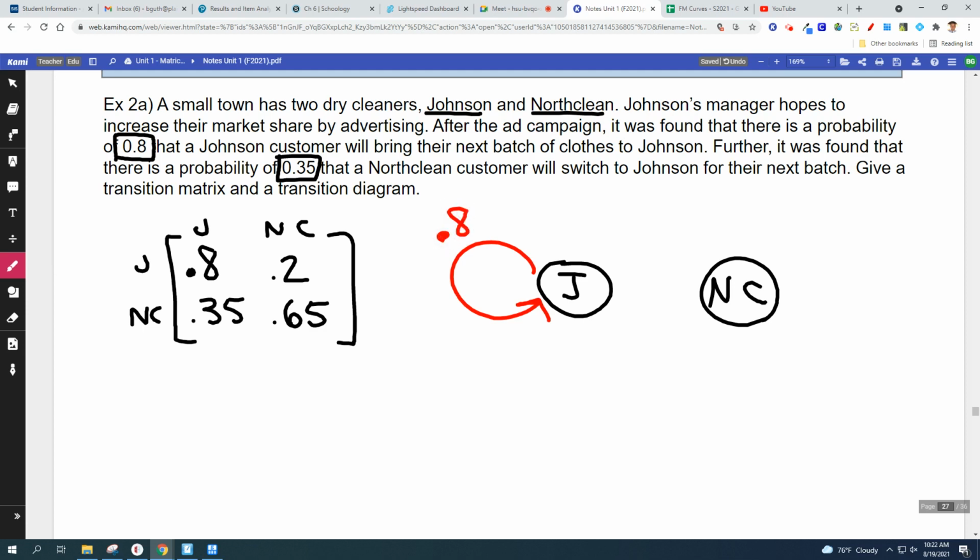And from Johnson to North Clean is 0.2. From North Clean to Johnson is 0.35. And from North Clean back to itself is 0.65. There's your transition diagram.